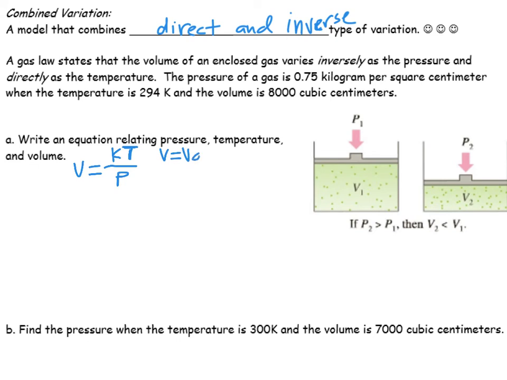We've got volume. I believe in this problem it is in cubic centimeters. T is temperature. In the old Kelvin scale, you've got to be in pretty science-related stuff to be using Kelvin.